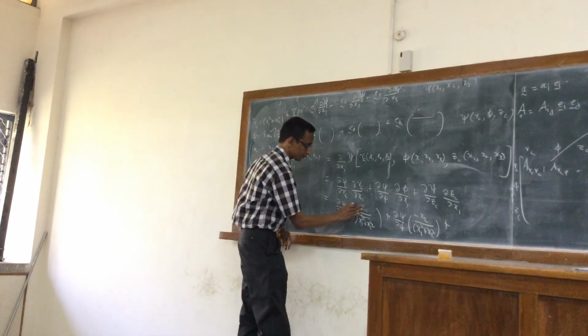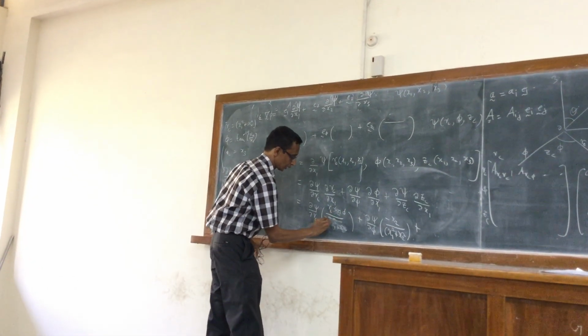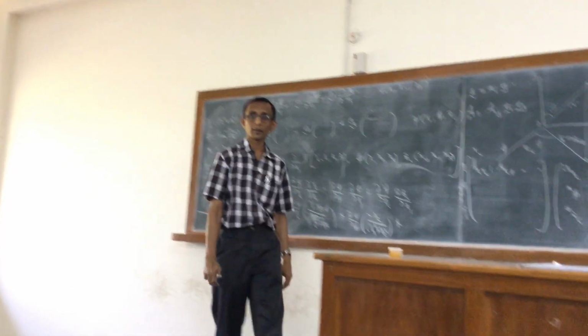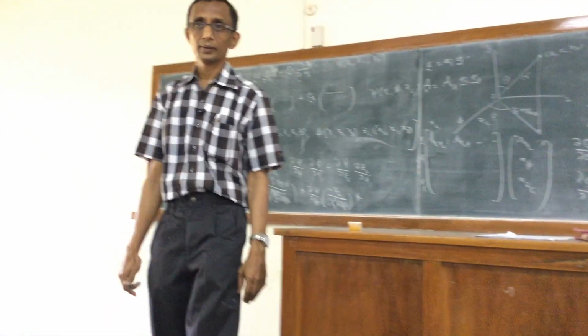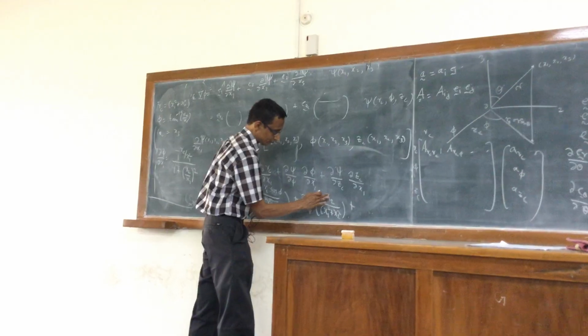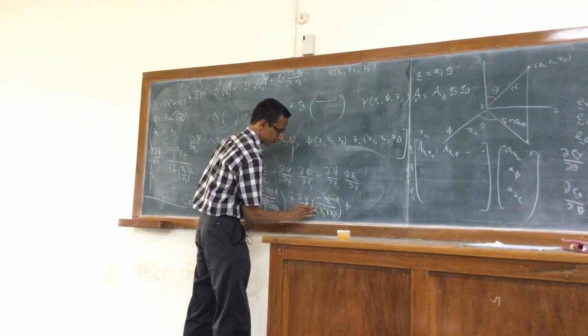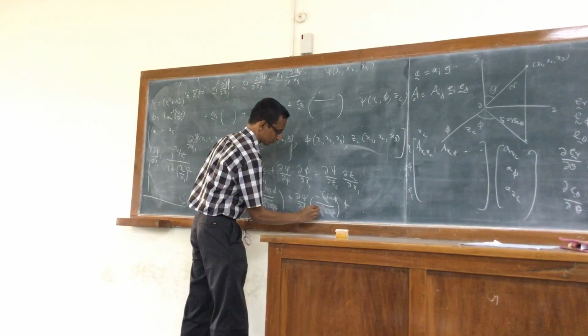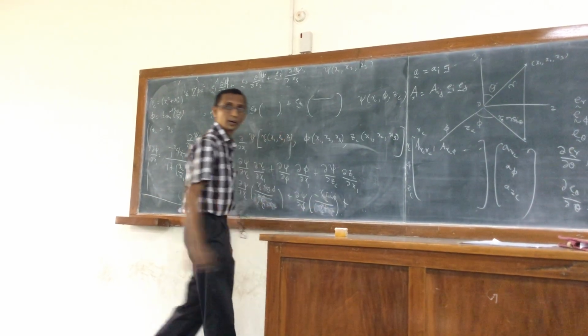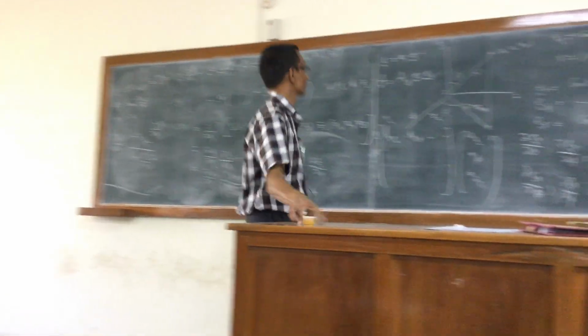So this is rc cos phi by rc, right? And this is minus x2, which is rc sin phi, and this is rc squared actually, right?